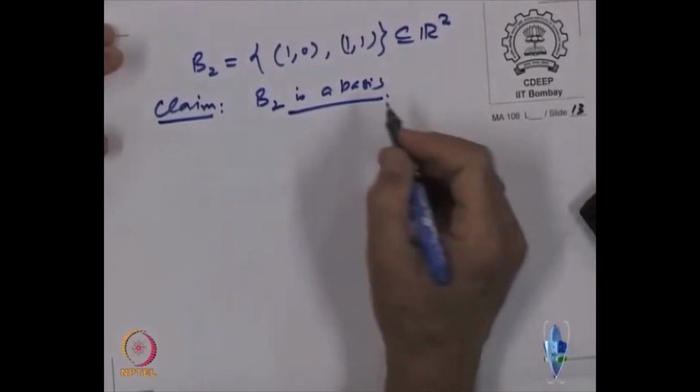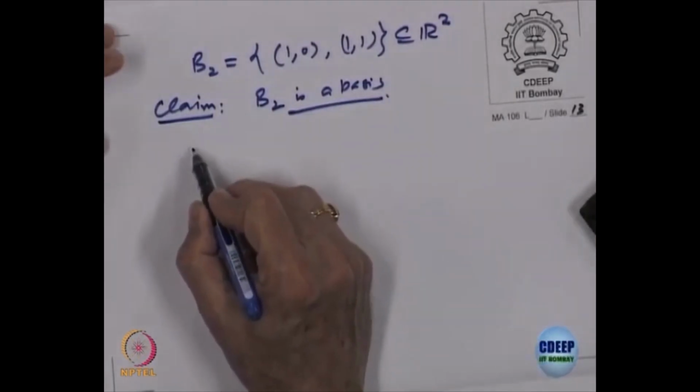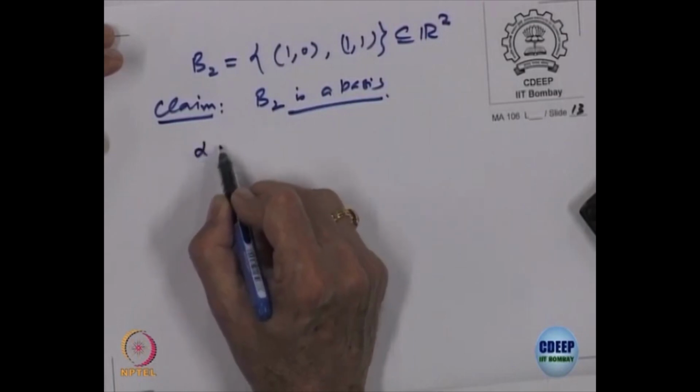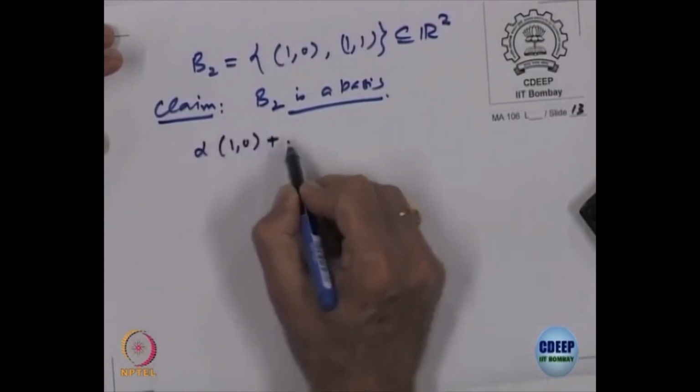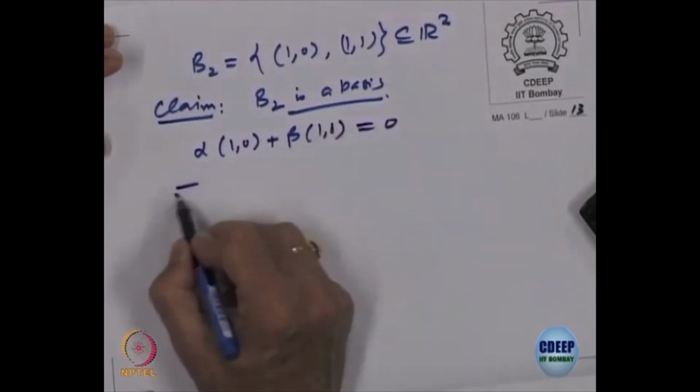Let us check independence first of all. Alpha times (1, 0) plus beta times (1, 1) equal to 0. What does that imply?